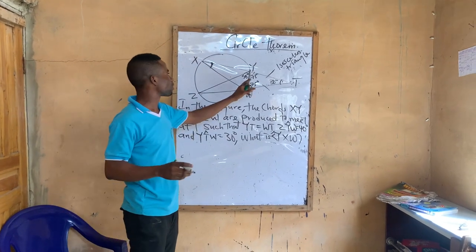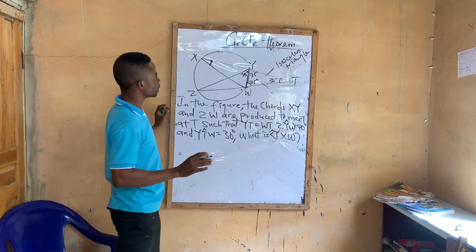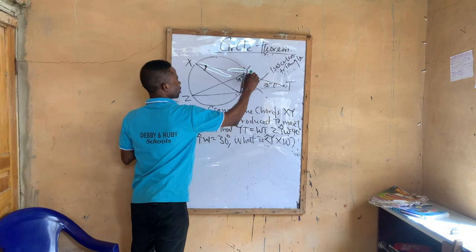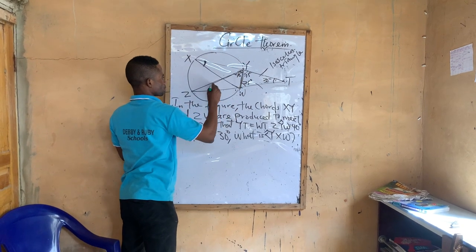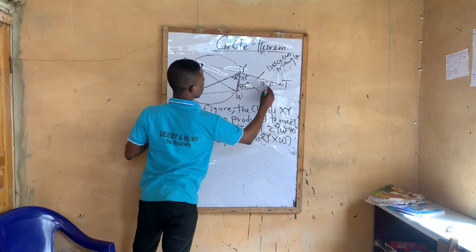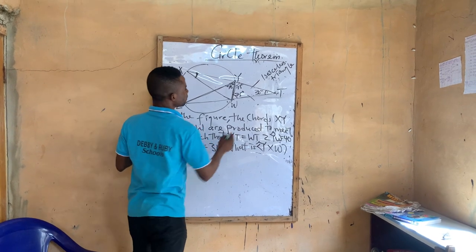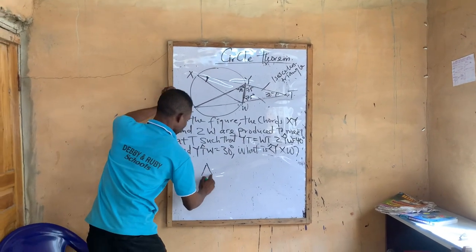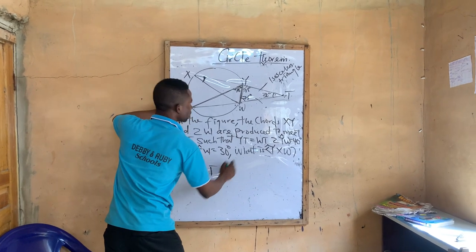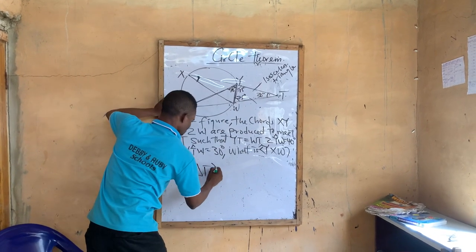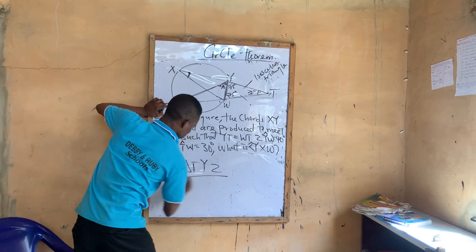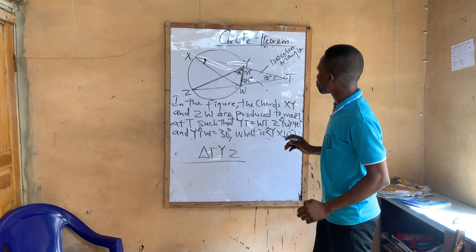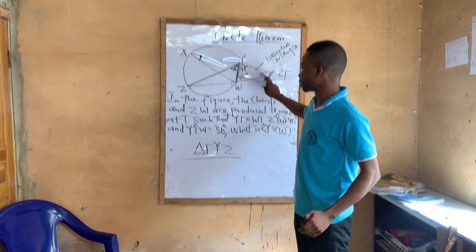And if this is 75 and this is 75, if you look clearly, you will discover that this is another triangle. You can see, trace it here. It forms a triangle TYZ. And in that triangle TYZ, this is 30 degrees.